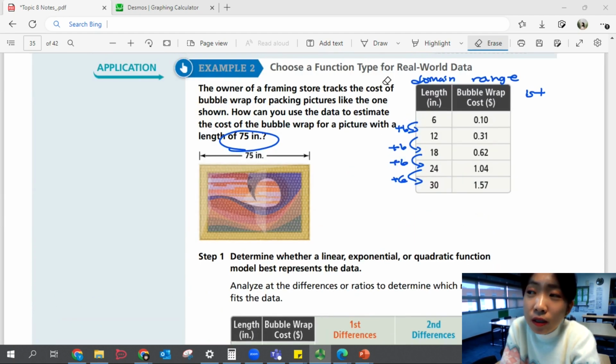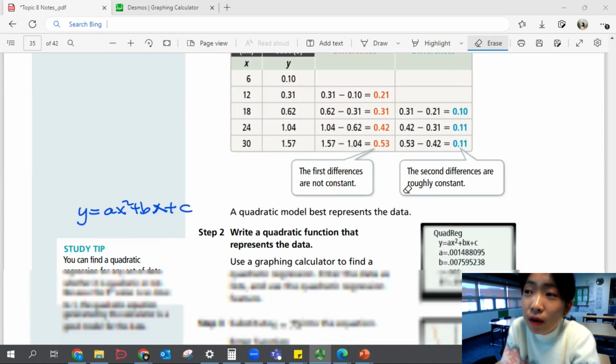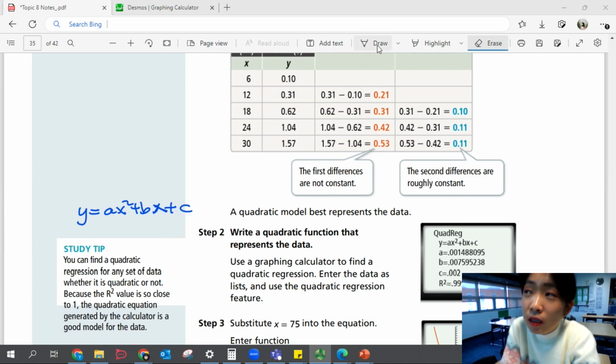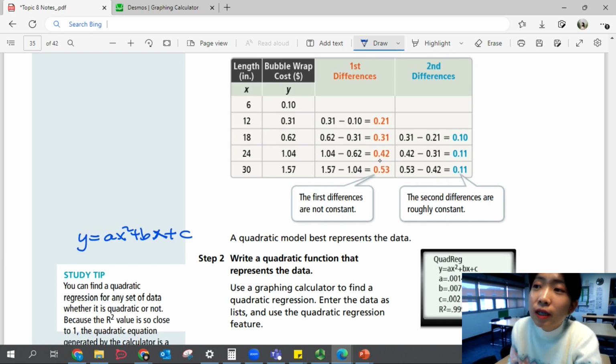Just looking at your situation, you can figure out some information that is not explicitly given. So you can plug in some values. 0.1 is equal to a times 6 squared plus b times 6.